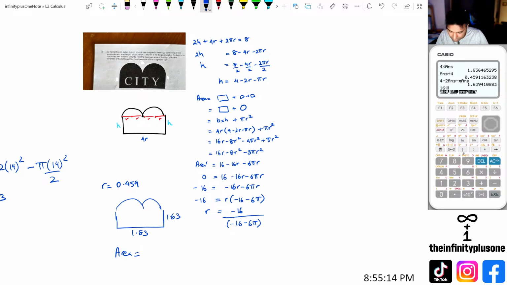So area is 16 times the radius, so 16 times 0.459, then minus 8r squared, so minus 8 times 0.459 squared, minus 3 times pi times 0.459 squared. I'm getting 3.67.